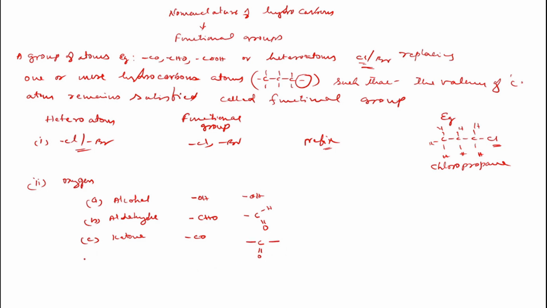This is the structure. And one more is there, that is carboxylic acid. We have to write COOH. Structure is dash C double bond O OH. This is the structure of carboxylic acid.